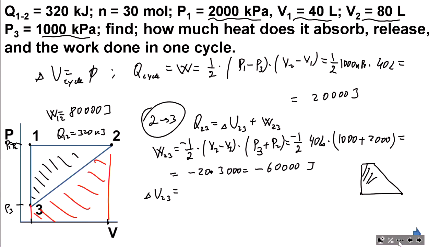This is the trapezoid. This equals 40 liters. This equals 1,000 kilopascals. And this equals, from here to here, the long base, 2,000 kilopascals.